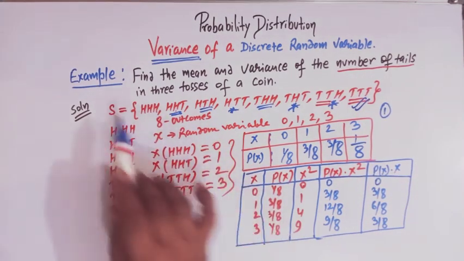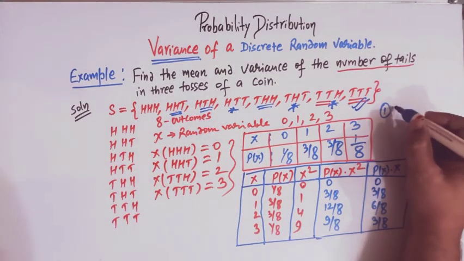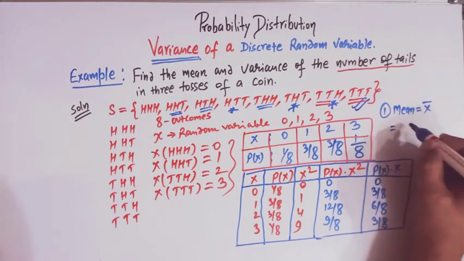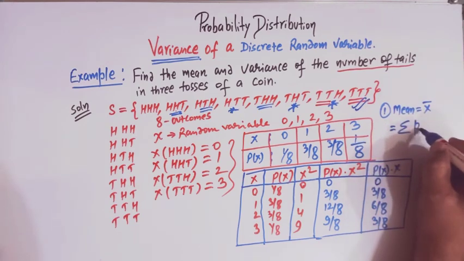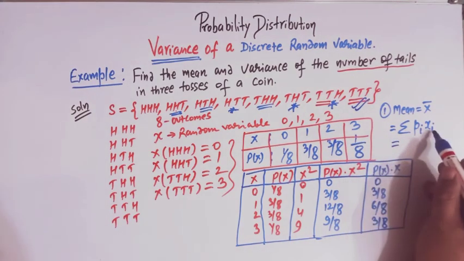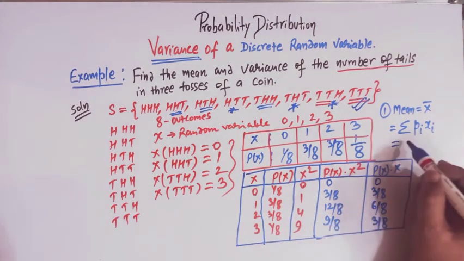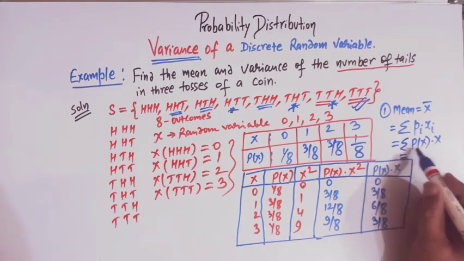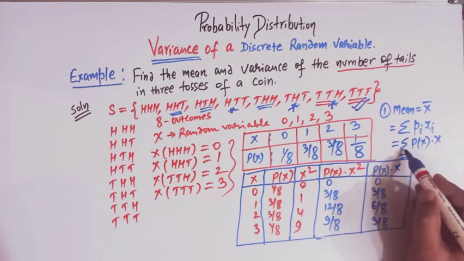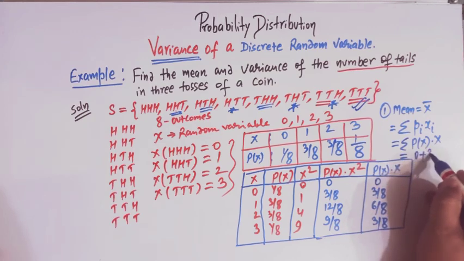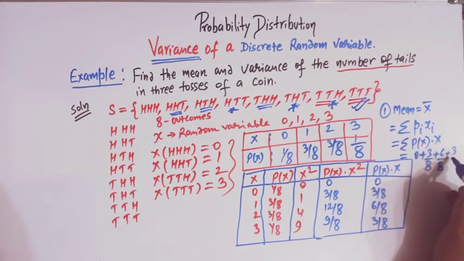Now the mean of this random variable x is denoted by x bar, and it is given by sigma of pi xi. It means sigma of px times x, the sum of all these quantities, that is 0 plus 3 by 8 plus 6 by 8 plus 3 by 8.